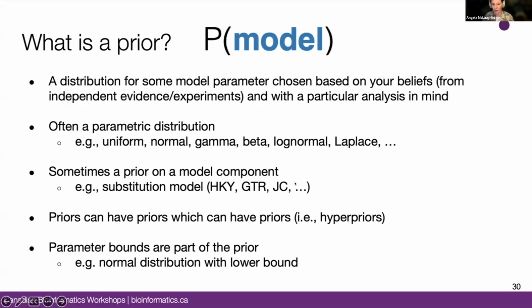These are all acronyms for defining the way in which those nucleotides change from one to the other. We don't really have time to get into that too much today. And then also priors can have priors themselves and to infinity. So hyperpriors are very much a thing. And parameter bounds are a part of that prior as well.